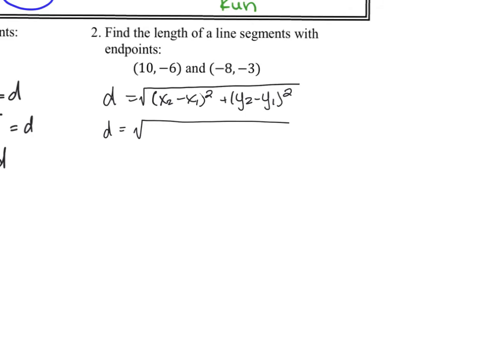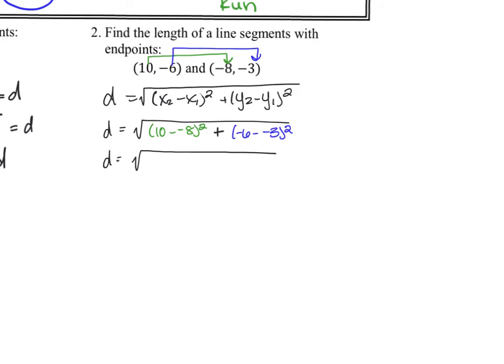So that's going to be 10 minus negative 8 squared. And then we're going to subtract the y's. So that's going to be negative 6 minus negative 3 squared. And then simplify those.